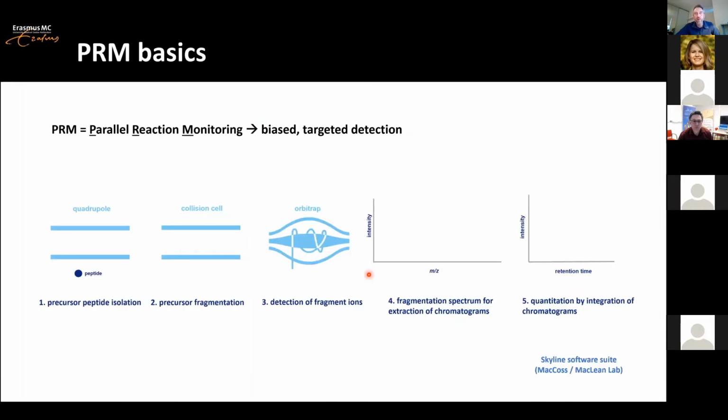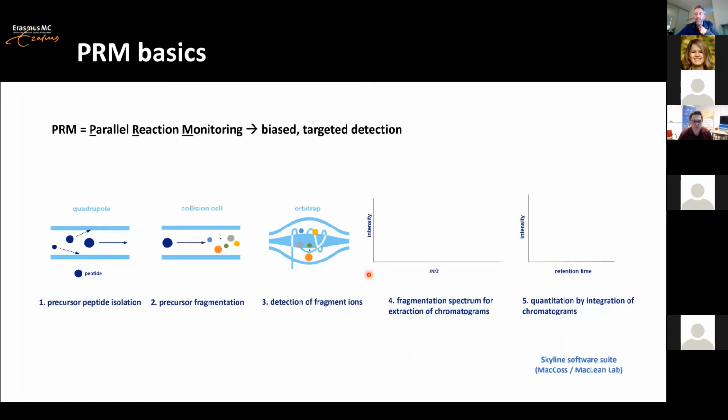Now, for all of the following analysis that I'm going to describe now, we use targeted proteomics tools. So targeted detection of proteins or peptides of interest. And in PRM or parallel reaction monitoring on an Orbitrap, a peptide of interest is isolated and the precursor is then fragmented.